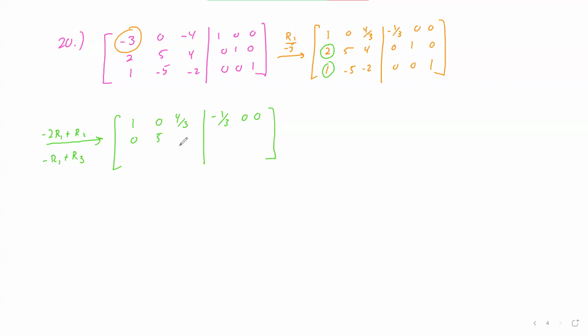Let me see if that makes sense in my head. I don't think it does because that's -8/3 plus 4. 4 would be the same thing as 12/3. No, it can't be.